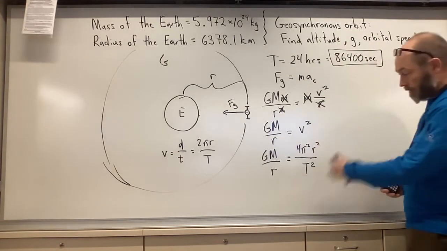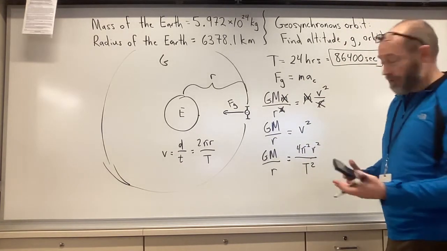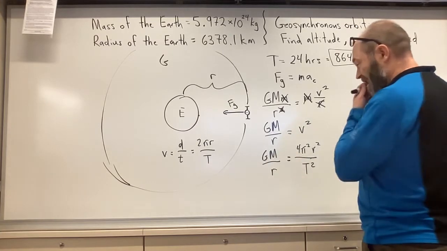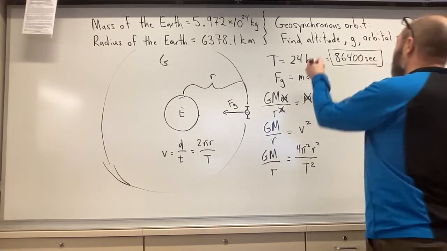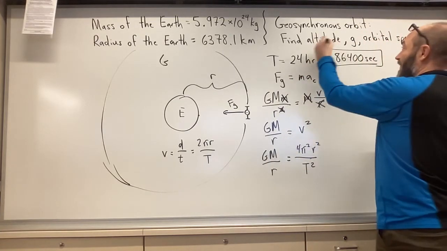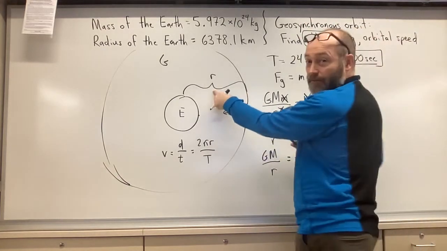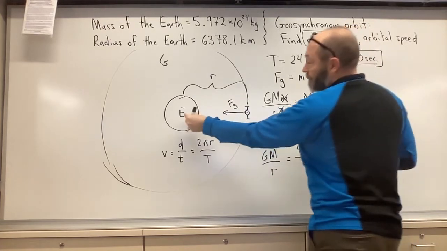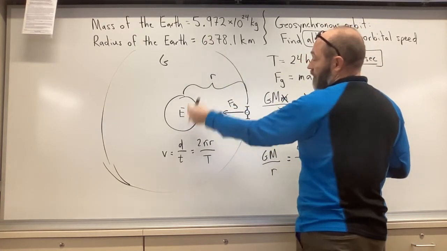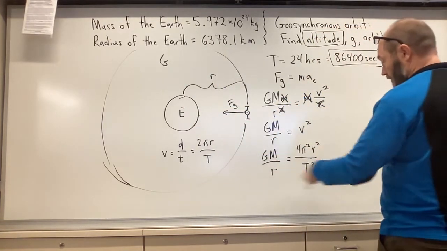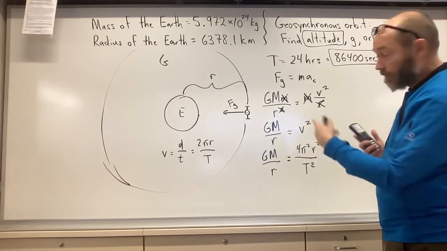All right, let's do a little bit more algebra here. Because I'm looking for, let's just go in order, we'll find the altitude first. If I need the altitude first, I first have to find r, and then I'm going to subtract the radius of the Earth from that. So I'm going to solve this equation for r.